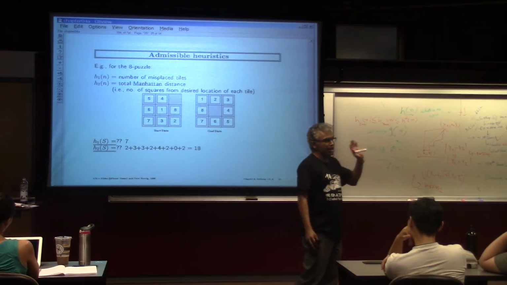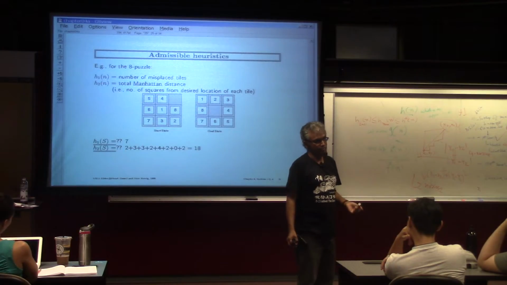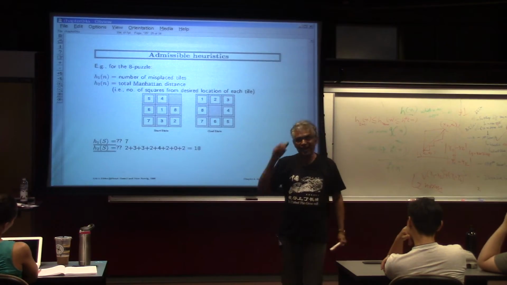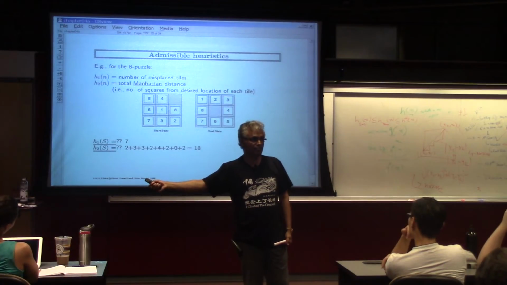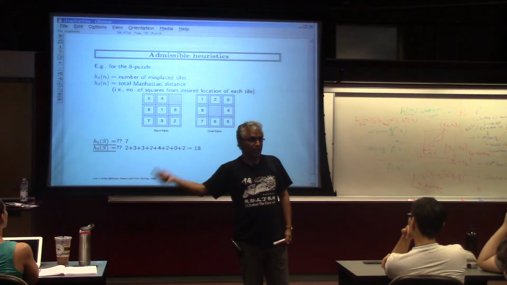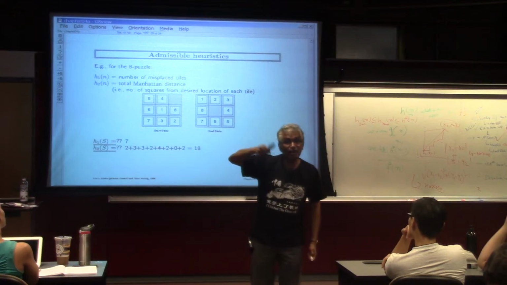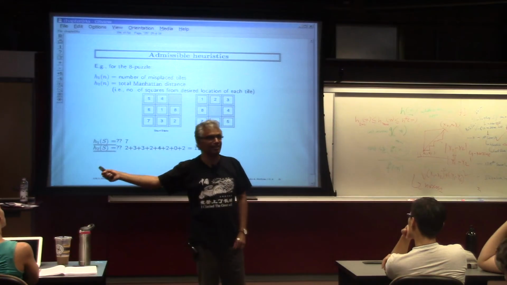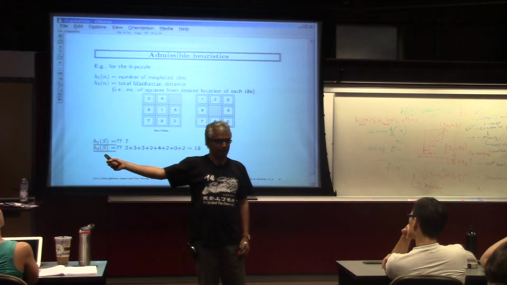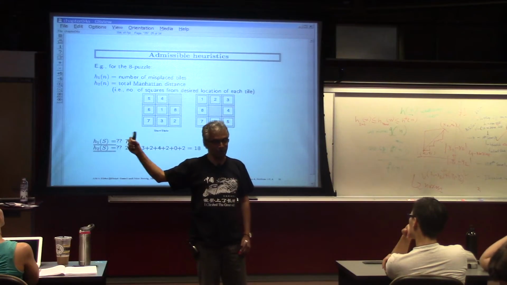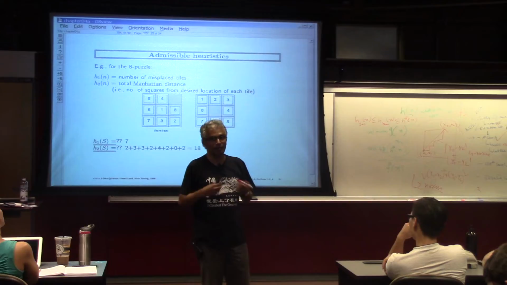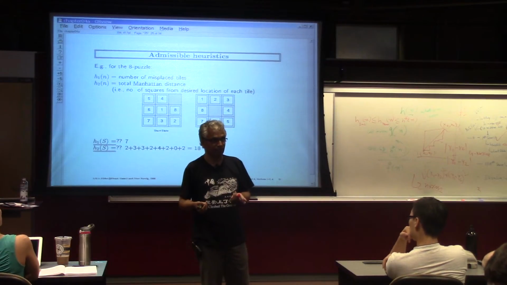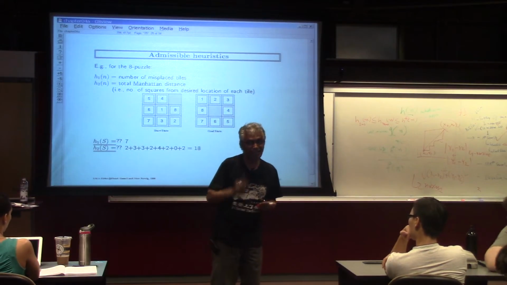If I count the number of tiles in the wrong position, that number is guaranteed to be lower than the total number of moves blank has to make. Remember, I only count the number of non-blank tiles that are in the wrong position. It's very important. If you do that, then that sum would be lower than the total number of moves blank has to make. And that's called the misplaced tiles heuristic.